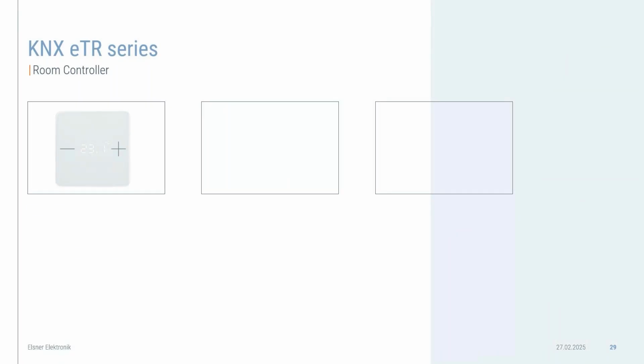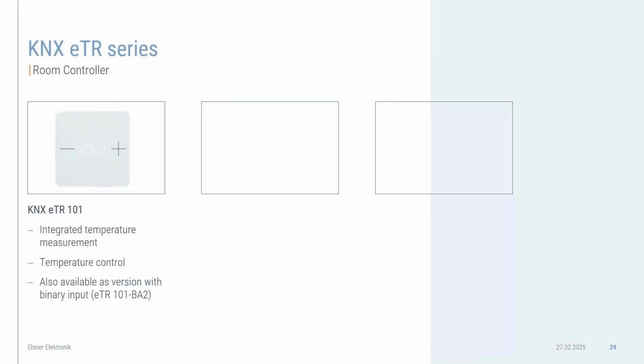First up, one of my favorites, the KNX ETR 101. It's a very simple room controller with a very clear usability. You have the plus and minus to change the set point. It's also available with binary analog input, so you can also connect, for example, an NTC for underfloor heating control, a window contact, etc. The creativity is up to you how you are actually using it.